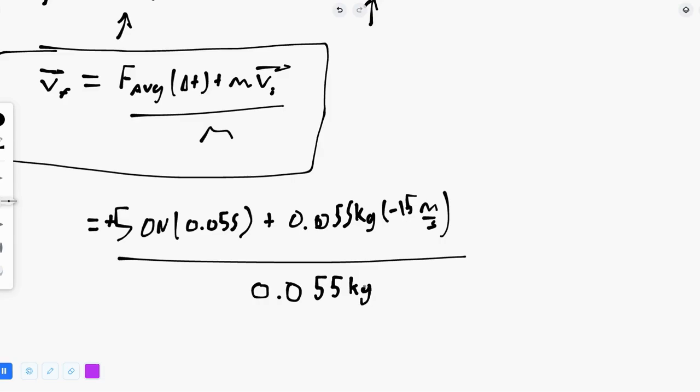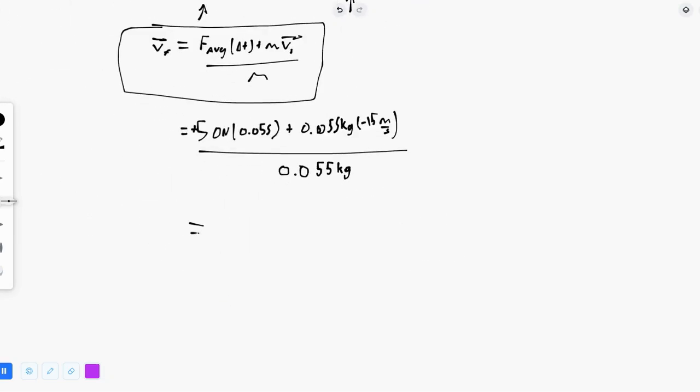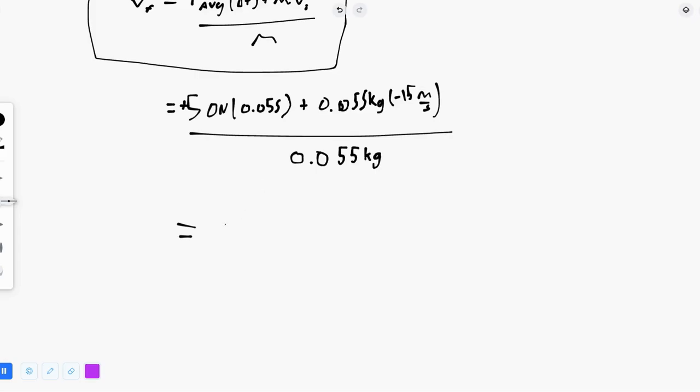So now just put that in your calculator. If you put that in your calculator, you should get about 30.5 meters a second.